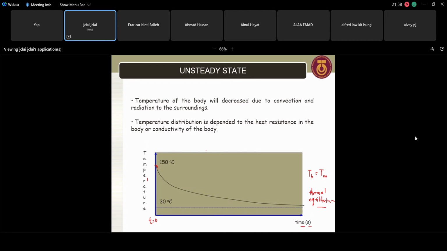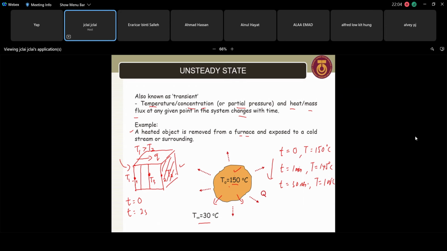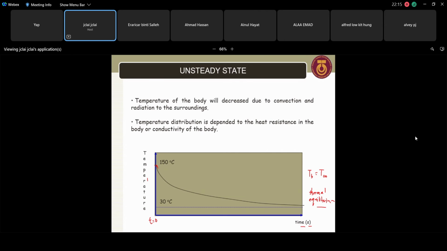But what will happen if inside this object there is something supplying heat, causing the temperature of the body to be maintained at 150 degrees Celsius? What will happen to this graph over time?